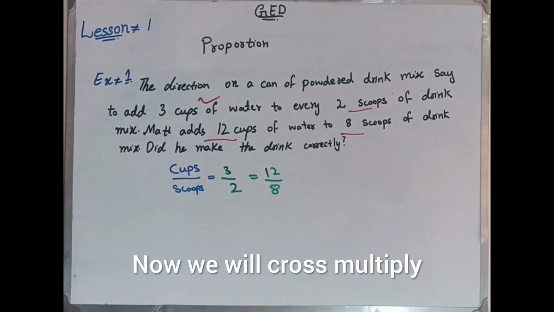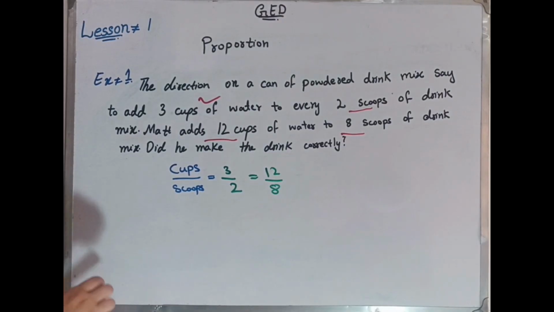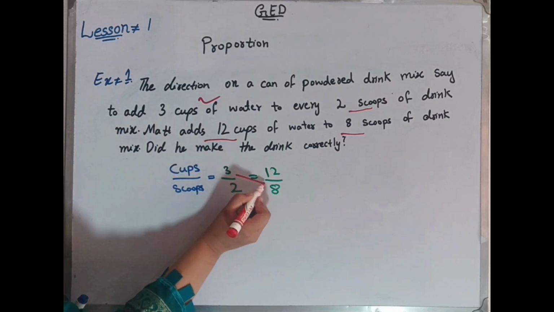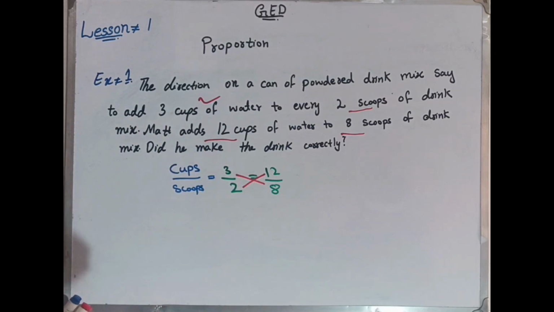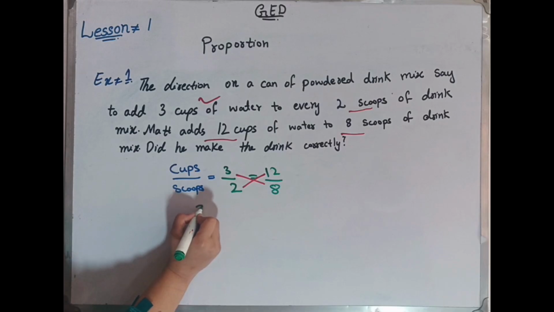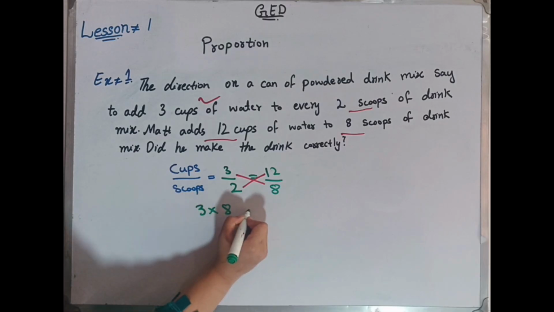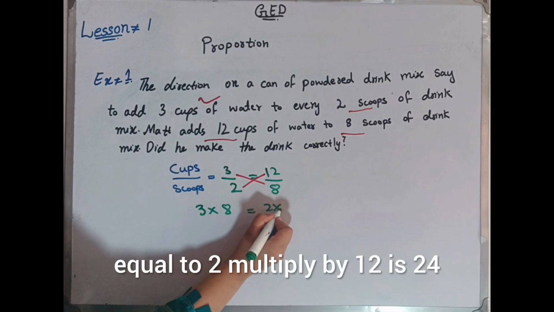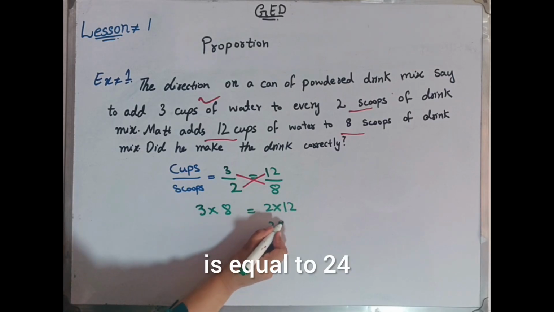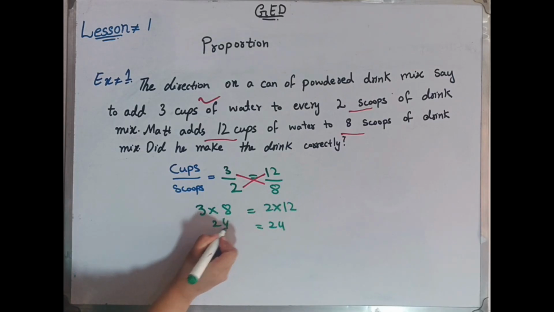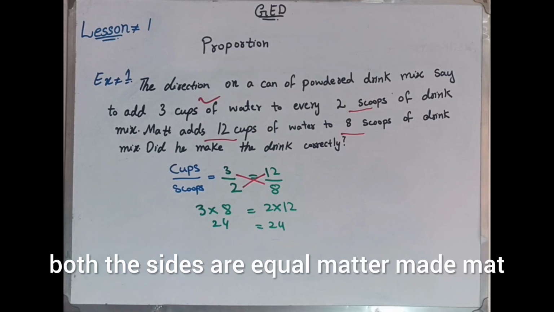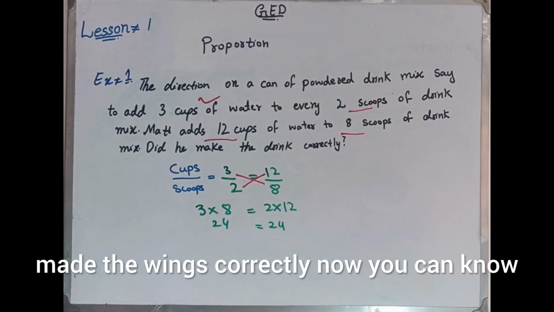Now we will cross multiply. 3 multiplied by 8 is equal to 2 multiplied by 12. 24 is equal to 24. Both sides are equal. Matt made the drink correctly.